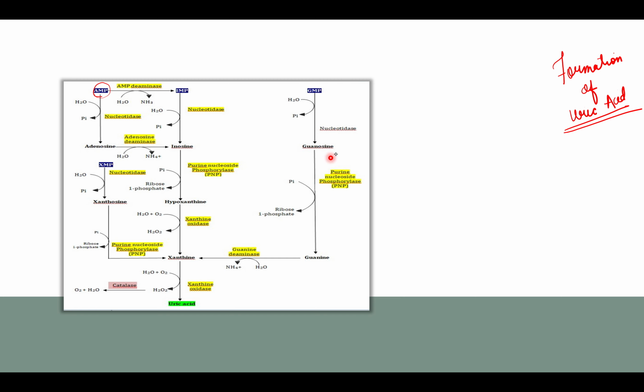GMP forms guanosine via nucleotidase enzyme, which gets acted on by purine nucleoside phosphorylase enzyme, leading to formation of guanine, and this guanine gets converted to xanthine via guanine deaminase enzyme, releasing one molecule of ammonia. So this is about the formation of uric acid from adenosine monophosphate, inosine monophosphate, and guanosine monophosphate.